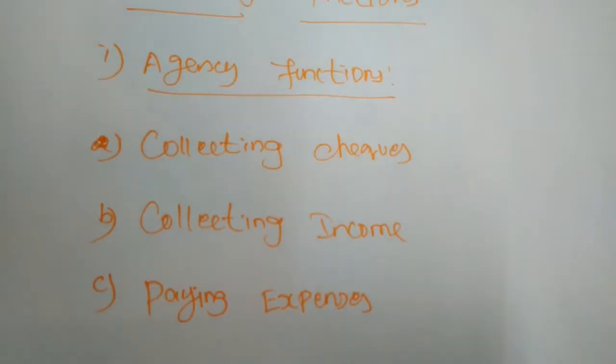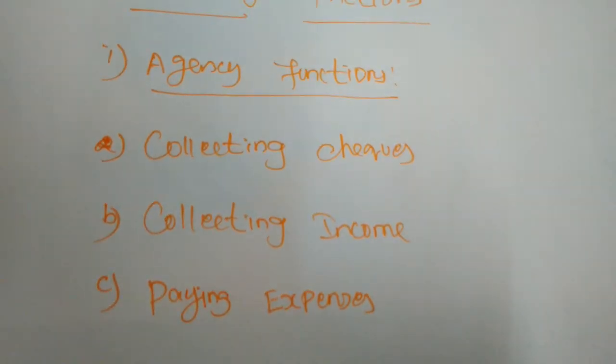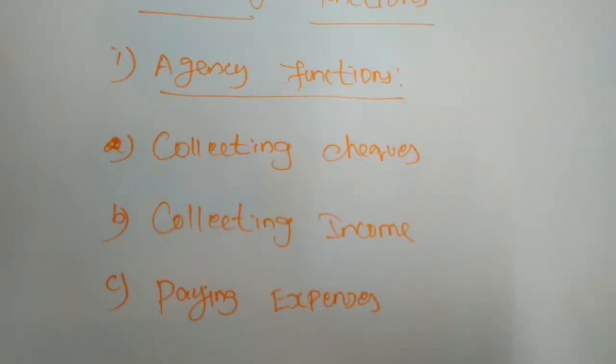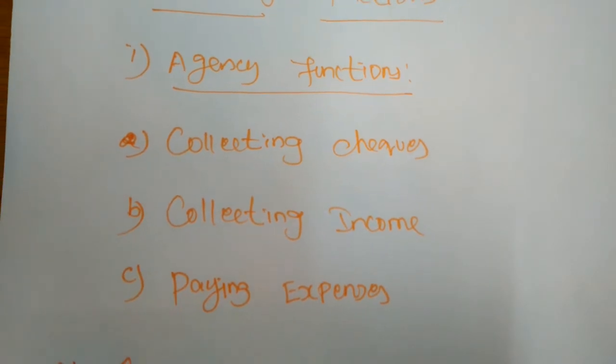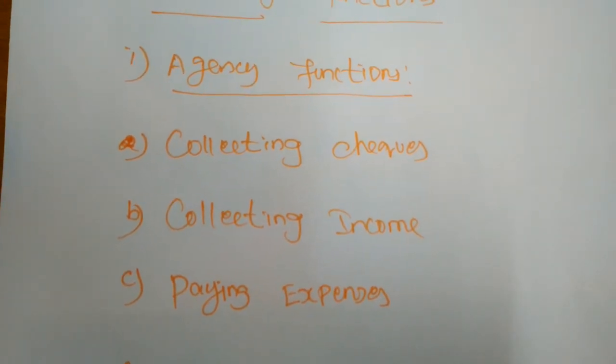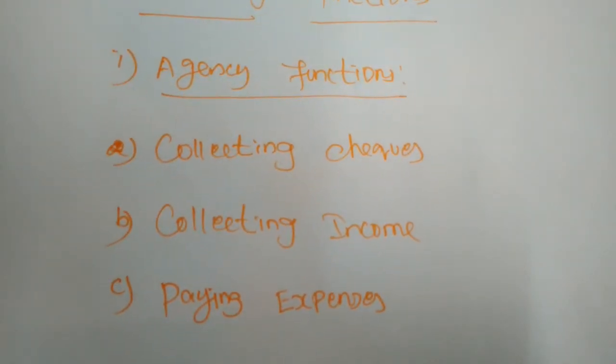For example, if you want to change a check drawn on another bank, you can easily convert the check into money. This is called clearing house facility. This facility is provided by the Reserve Bank of India.